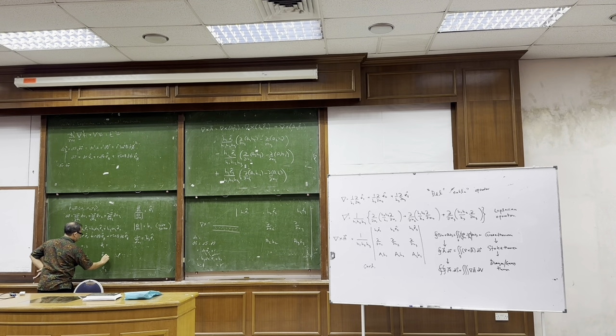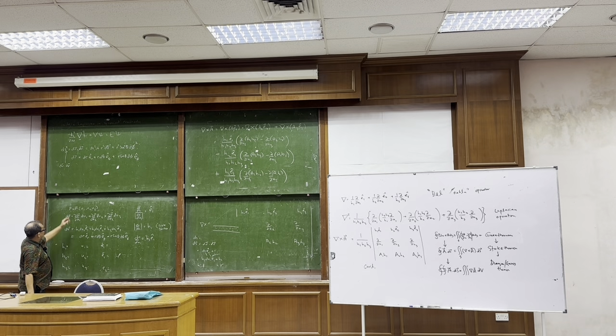So h1 is what? h1 is 1. Why? Because dr is du1, so u1 is r, and in front of it there is nothing, it is just 1.